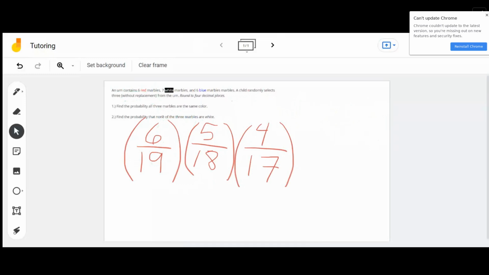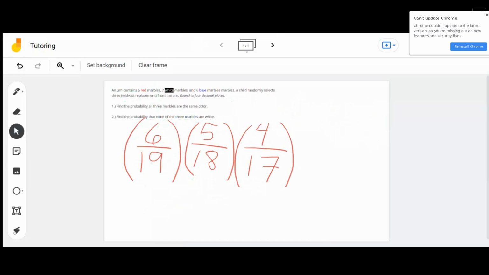But remember, we need all 3 of these events to happen one after the other. So we say the probability of this and this and this. When we have 3 probabilities and we need them all to occur one right after the other, we just multiply these probabilities.